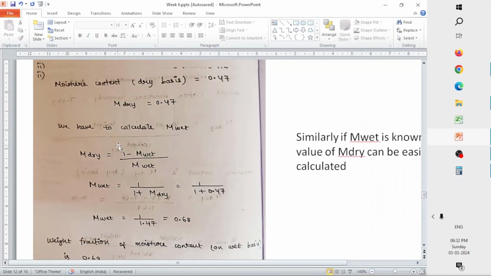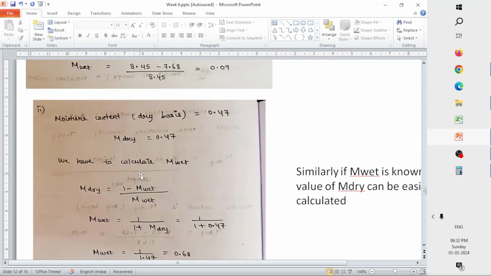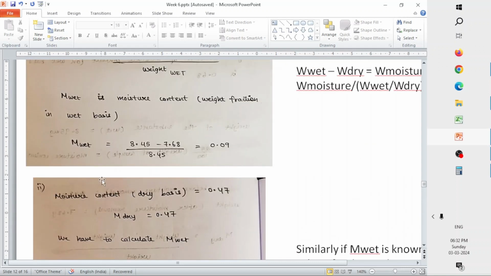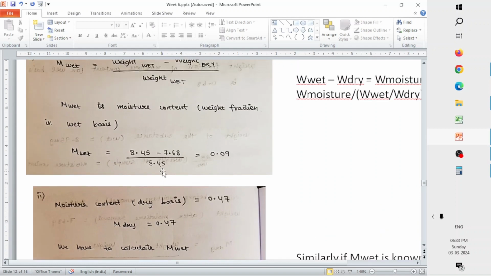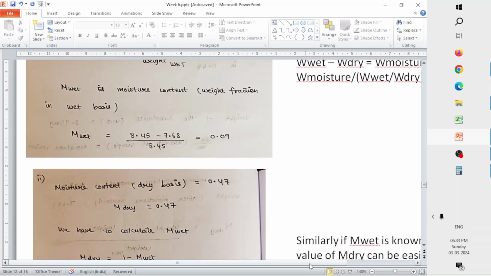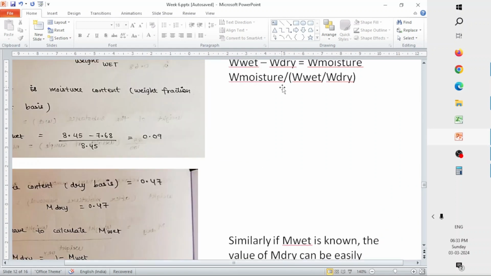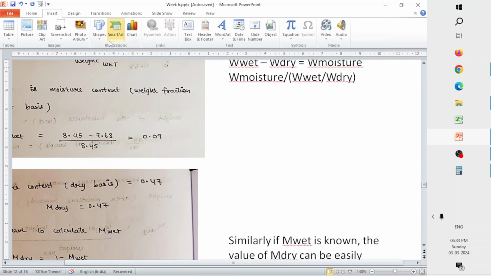0.68. Suppose you want to know how we get this formula, M dry is nothing but (1 minus M wet) divided by M wet. You can actually substitute their expressions, and then you will see both are the same. So if you take M dry, let's just see the RHS term, (1 minus M wet) divided by M wet.